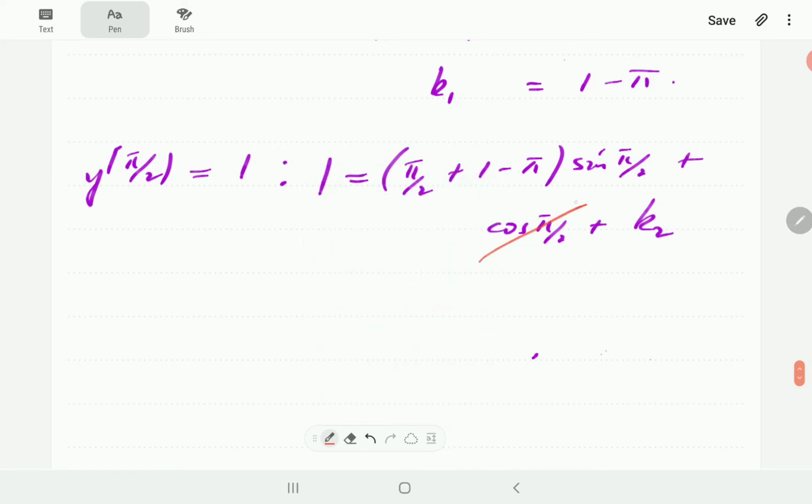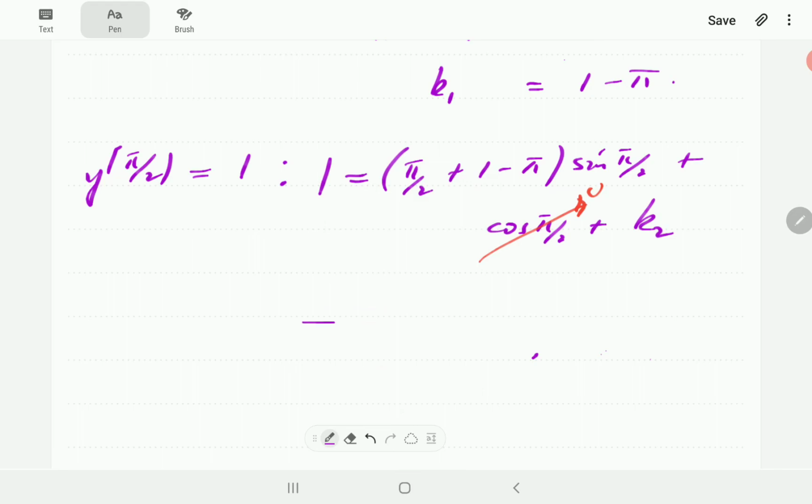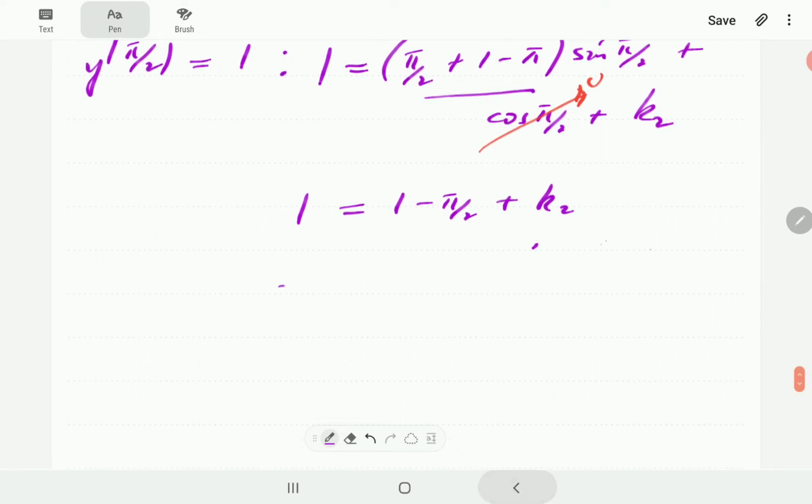Cosine pi over 2 is 0. Sine pi over 2 is 1. So this is going to be 1 equal to, we're going to have 1 minus pi over 2 from here, and then plus k2. So this is telling us that k2 is going to be pi over 2.